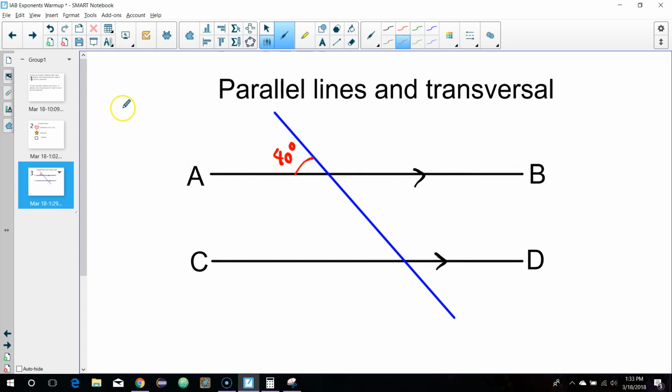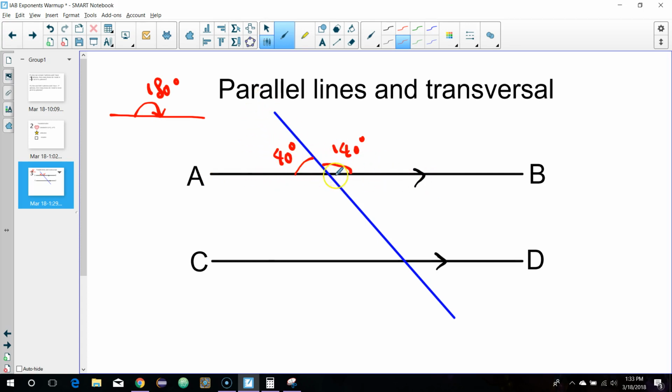And for every straight line in this universe, the whole thing is going to be 180 degrees. So there's something that I hope you know. If you don't, now you know. So I have a straight line. If this is 40, the other side has to be 140, because I'm just looking at this straight line.